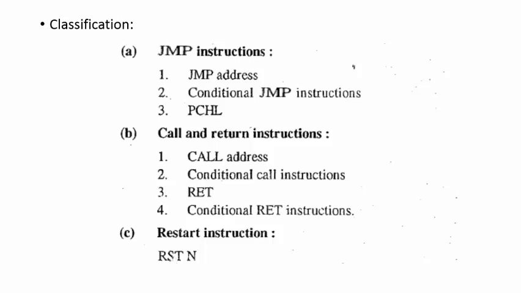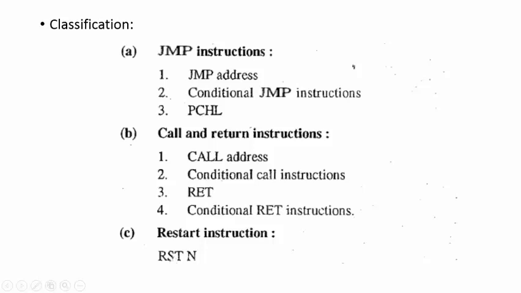The first category, the simple jump instructions, consists of a simple unconditional jump instruction. Unconditional means that during the execution of the jump branching instruction, the microprocessor will not check the status of the flag bits. Without checking the status of the flag bits, the program sequence is changed.